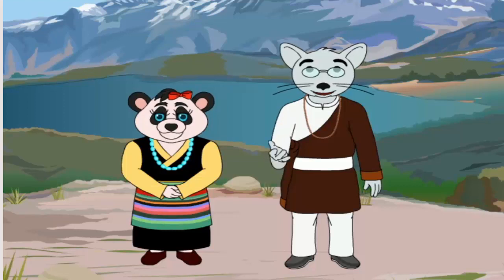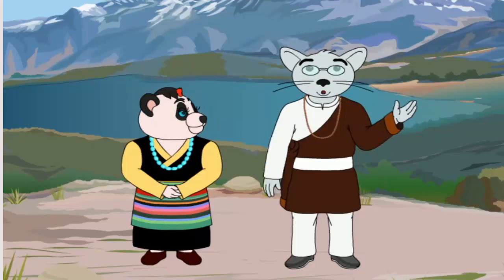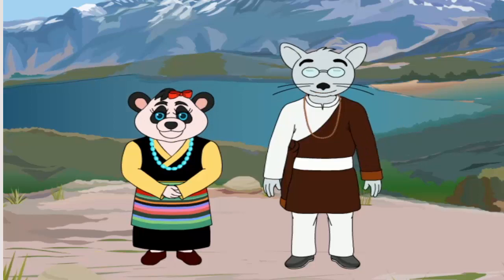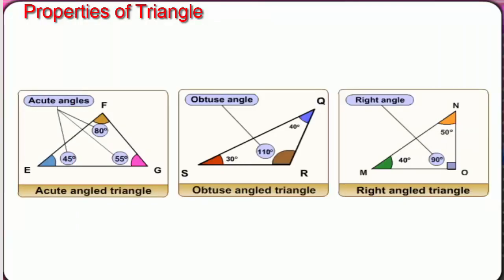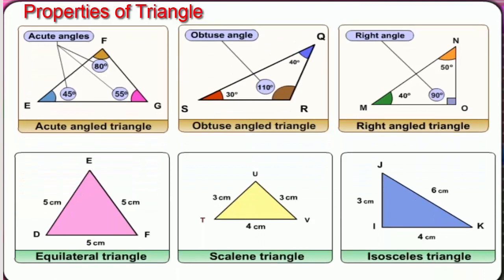Dear students, now let us discuss more about the triangle. We know that triangles can be classified according to the size of the angles. And we can also classify the triangles based on the sides.